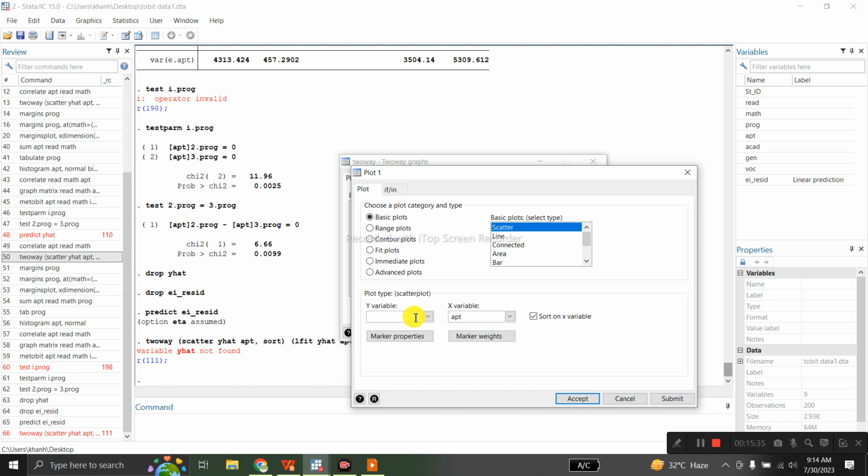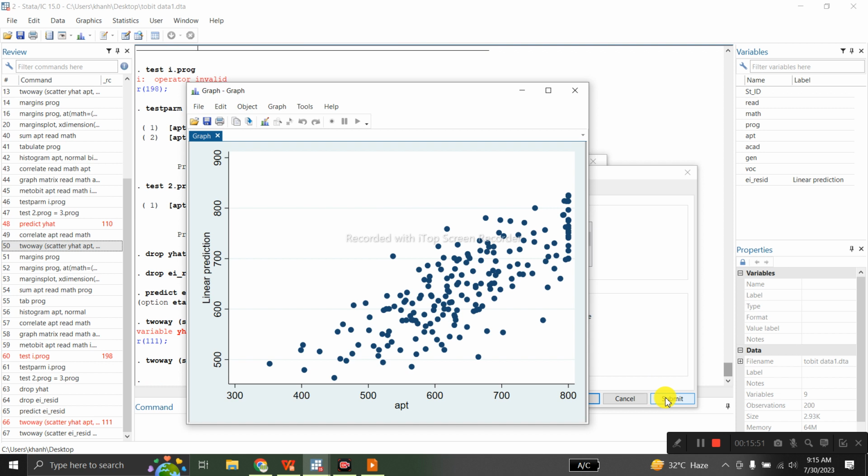This should be this residual value, and here I will write my dependent variable, and I'll start this on X. I'll accept. So this is my scatter plot.